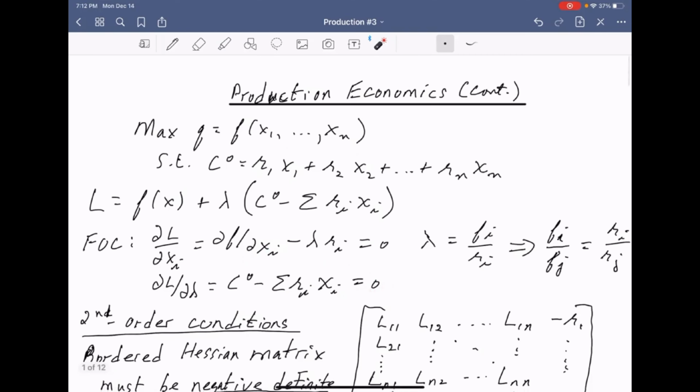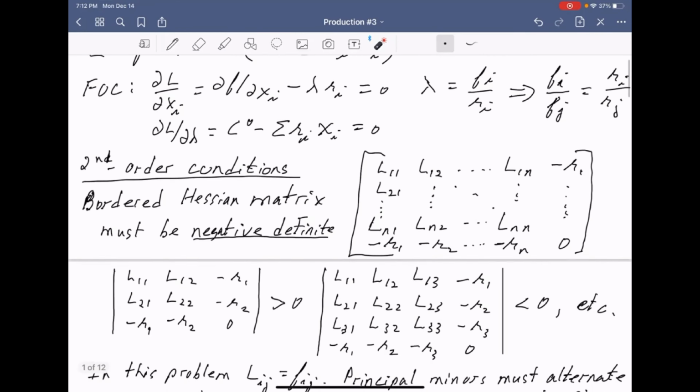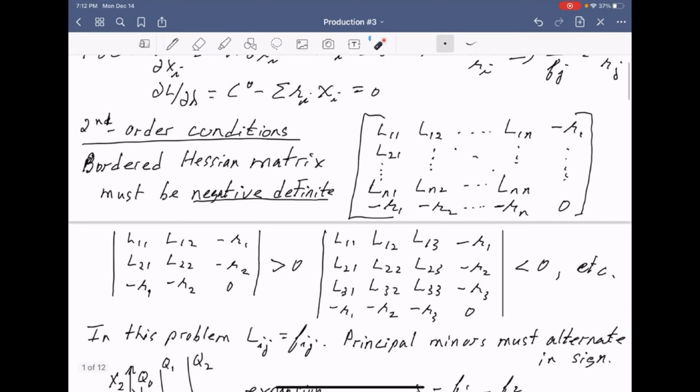Now, the second order conditions are of interest because we construct this bordered Hessian matrix as follows. These are the first and second derivatives of the Lagrangian, so L11, L12, all the way over to L1n, and then we border the Hessian with the negative of the input prices at this point, and this 0 down here.